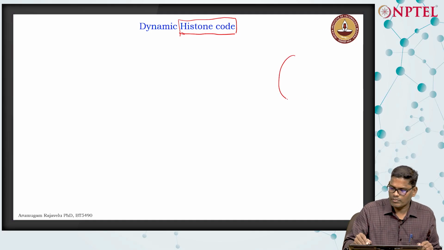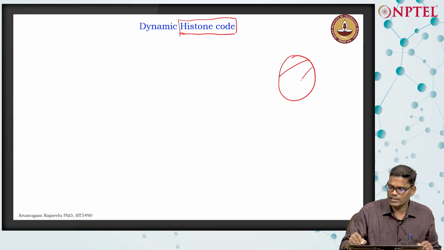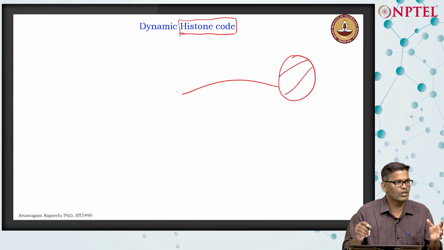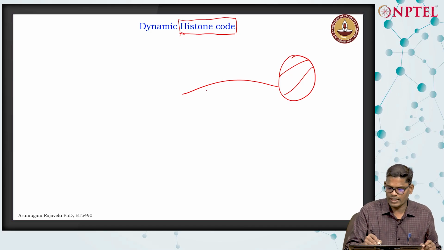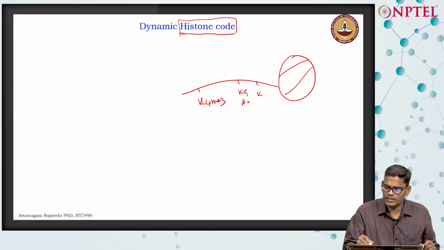In case of activator modification, you should think about what histone codes you can consider or categorize as an activator: K4me3, and then you can consider K9 acetylation or K14 acetylation.